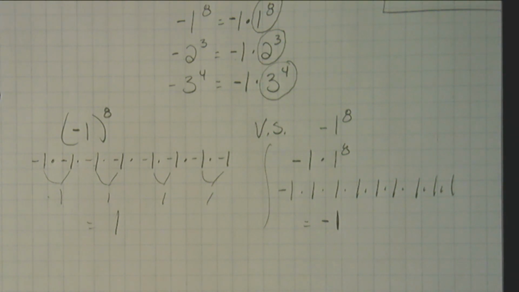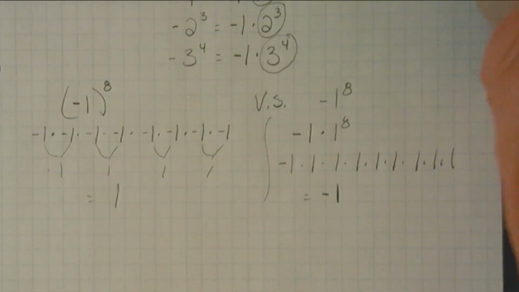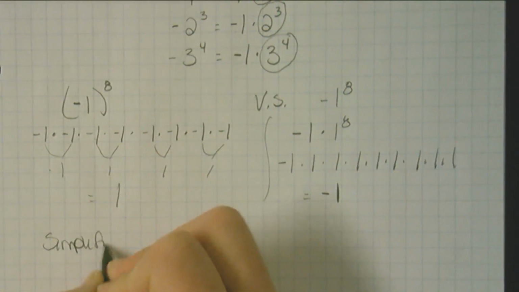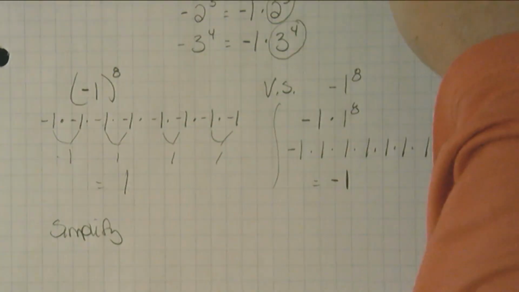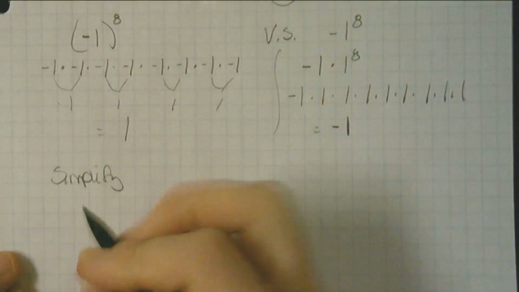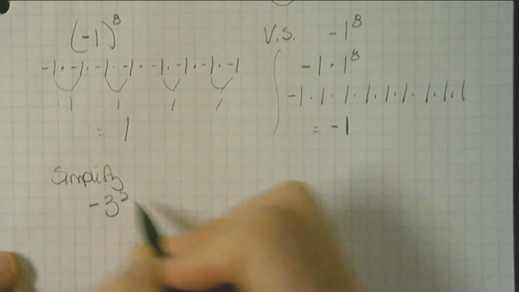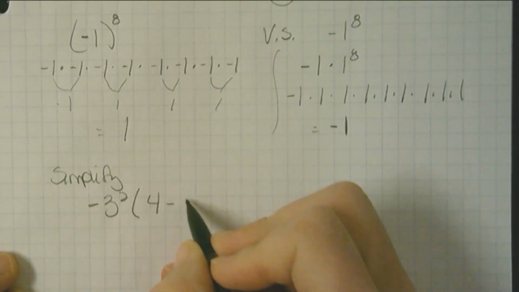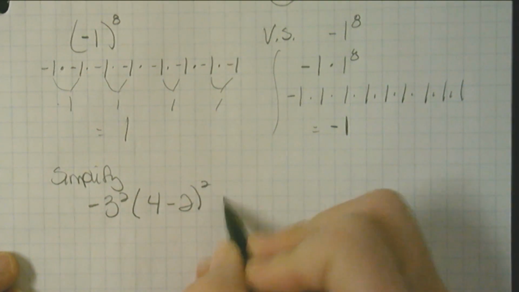Alright, so if I use that in a different setting, I want you to simplify. If I say negative 3 squared times a quantity of 4 minus 2 squared plus 1.